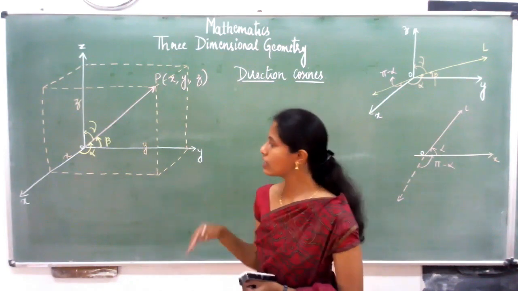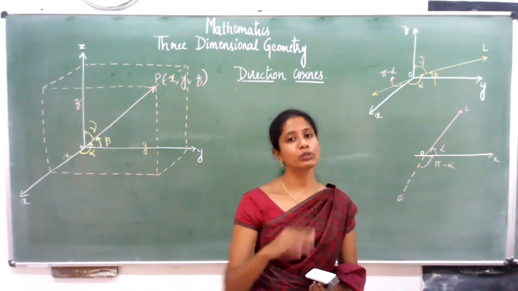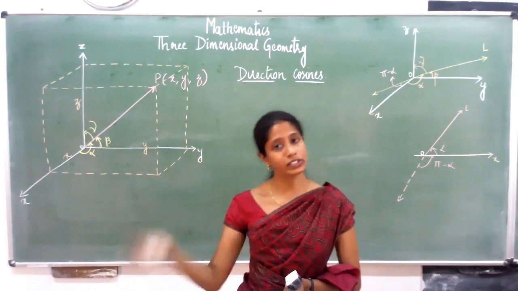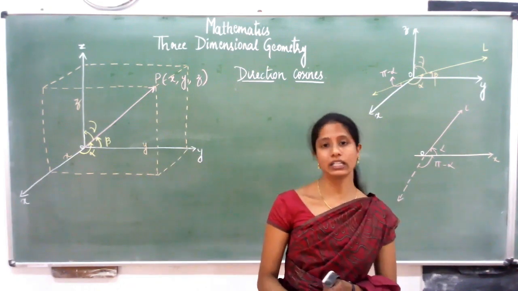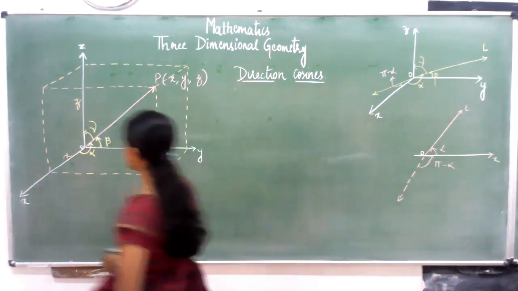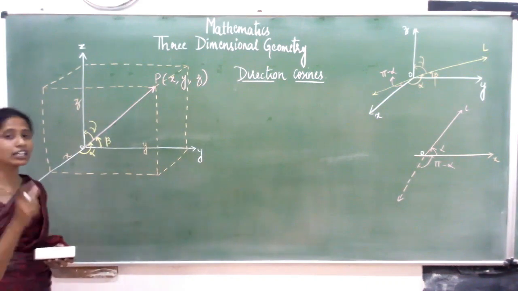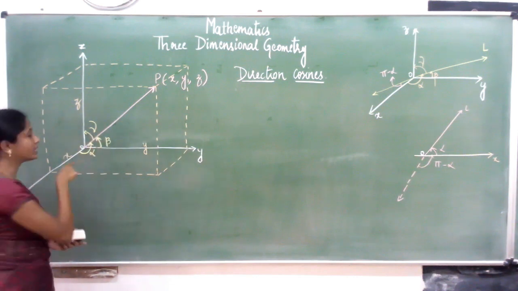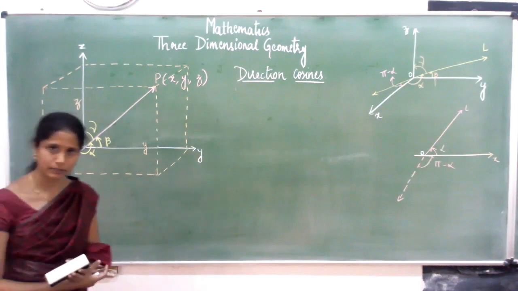So let us learn and understand what the difference is between the direction cosines which we learned in vector algebra and the direction cosines which we are learning in three-dimensional geometry. If OP was a vector, we considered the OP vector. This OP vector makes alpha, beta and gamma angles with the positive directions of the x, y and z axes.